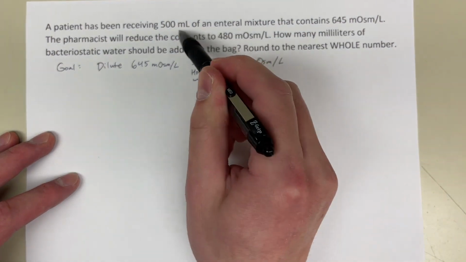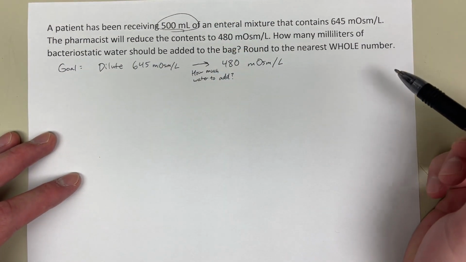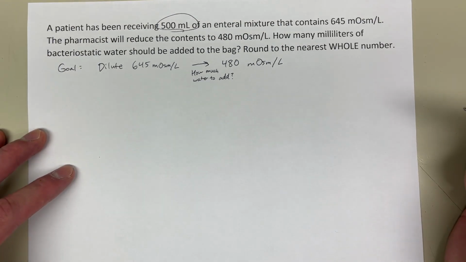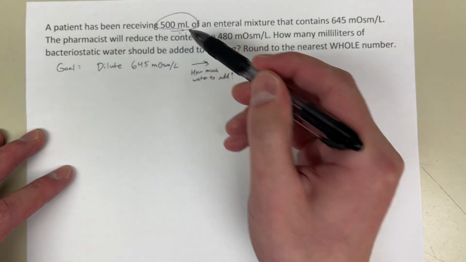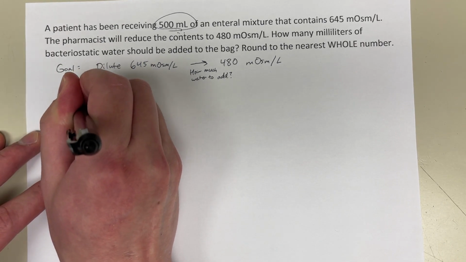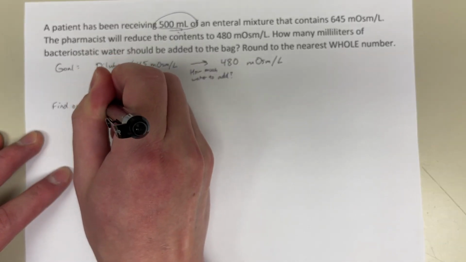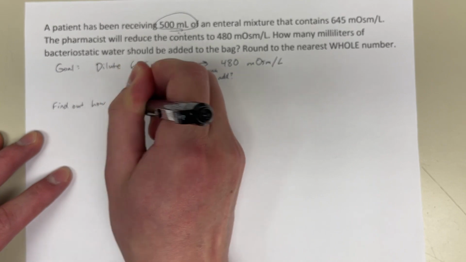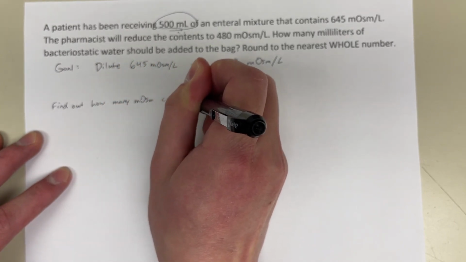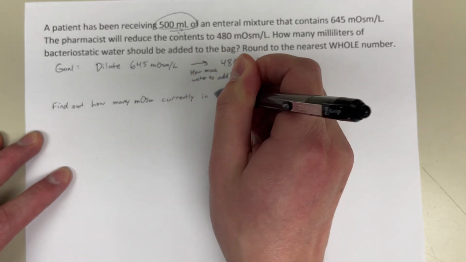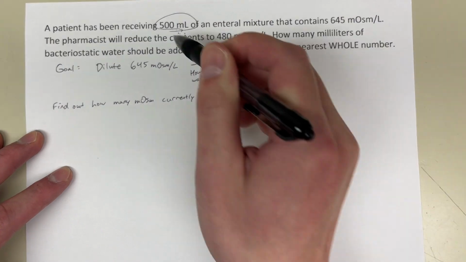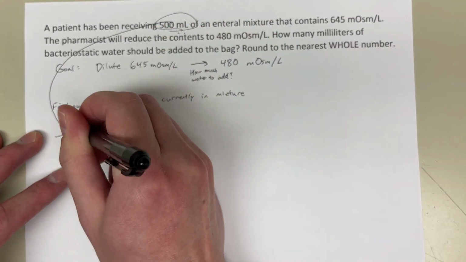So we have a 500 milliliter bag to start with. I'm going to try to find out how many milliosmoles are in this 500 milliliter bag. Right, so I'm going to start off with 500 milliliters.